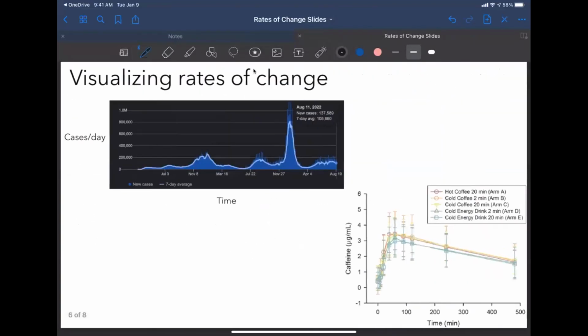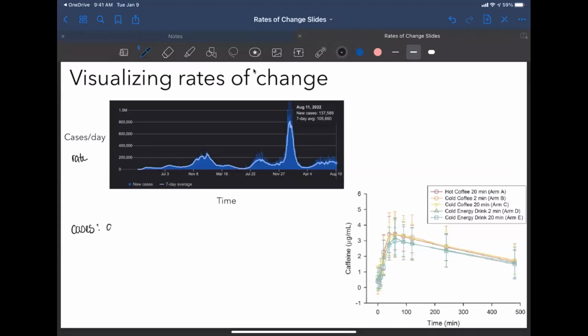So let's talk about how these rates of change are visualized. In this COVID example, the x-axis is time and the y-axis is cases per day. So cases per day is already a rate. If we wanted to get the total number of cases, we would be looking at all of the cases, which would be the area under the curve.